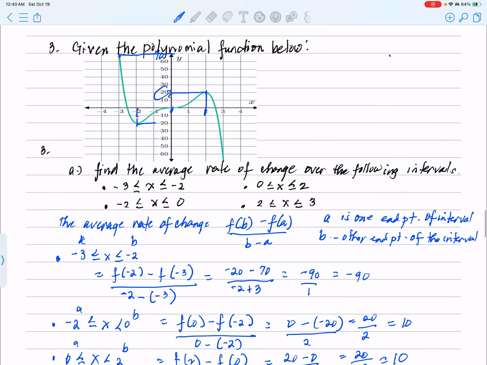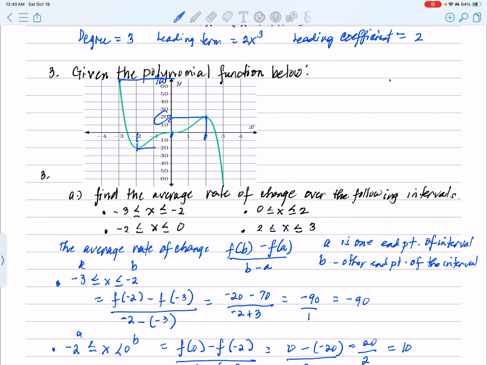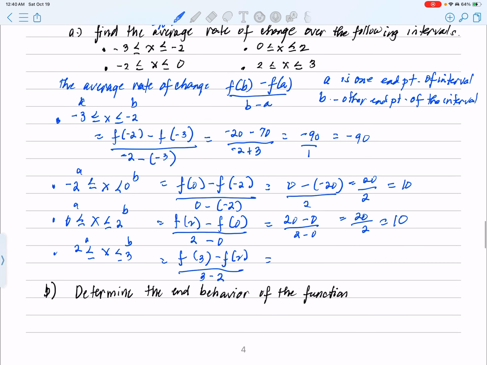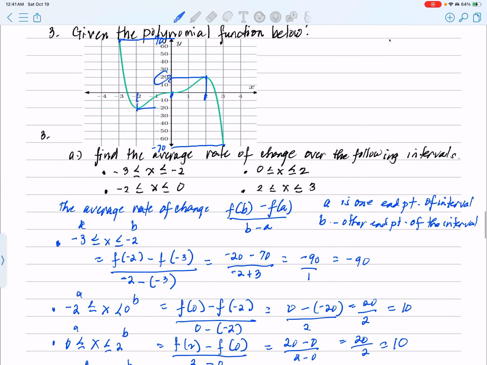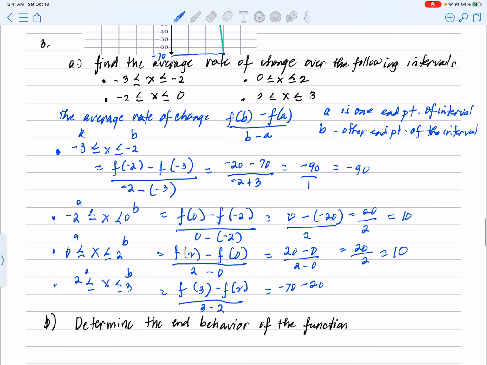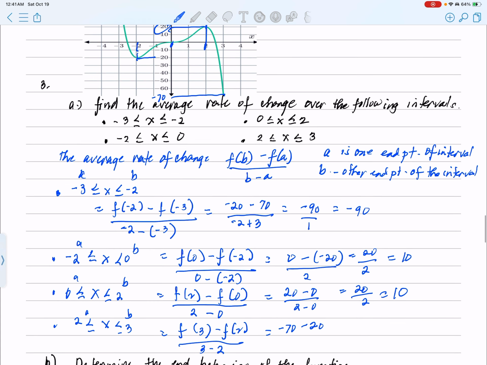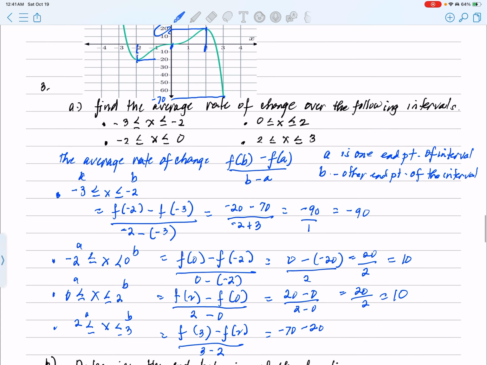When it's function of 3, it's right here. So we can extend. Maybe this is also negative 70. So that would be a negative 70 minus 20. Function of 2 is 20, right? It's negative 20.